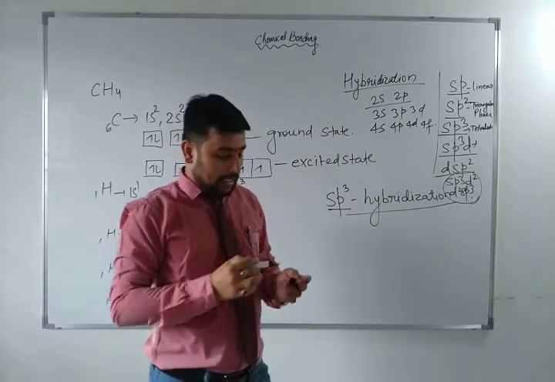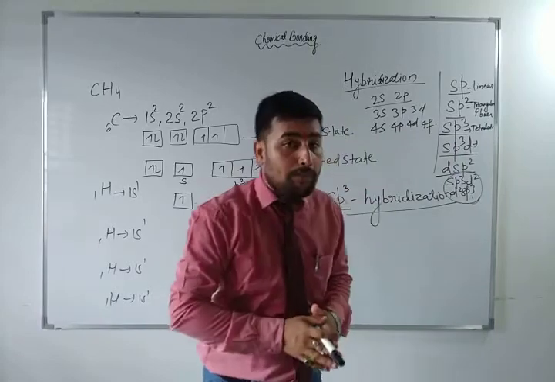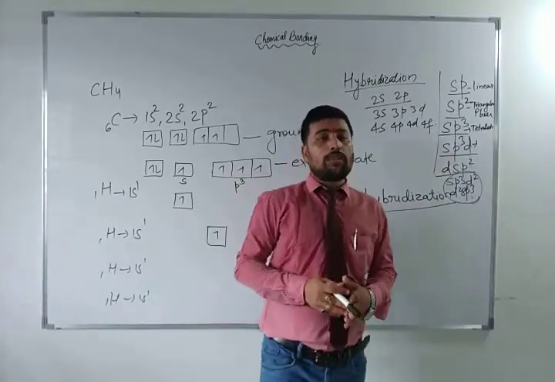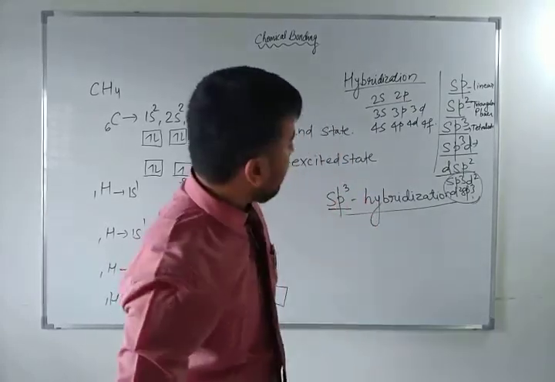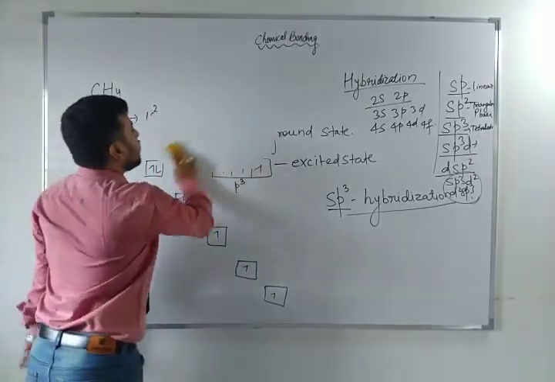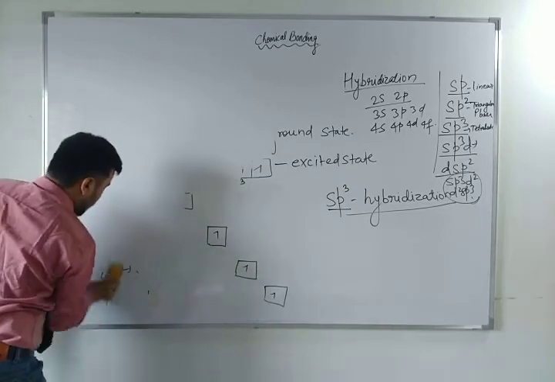So when these atomic orbitals overlap with each other, this type of shape is formed and this type of hybridization occurs: sp, sp2, sp3, sp3d, and dsp2, d2sp3, sp3d2 hybridizations.